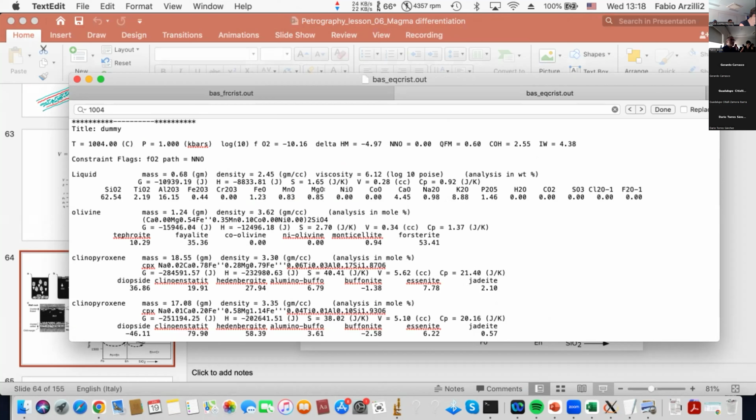Because based on the thermodynamic variables, it is able to tell you when feldspar should be formed, when biotite should be formed, when clinopyroxene should be formed. It doesn't mean that it's realistic. It's a pure thermodynamic calculation without any constraint.